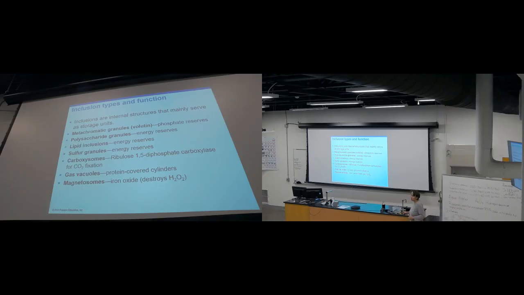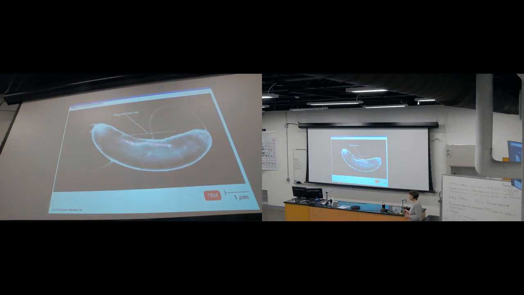You more than likely have seen hydrogen peroxide in bottles. It's a molecule that is helpful to destroy microorganisms, and some microorganisms can defend themselves using these magnetosomes. So here we have a rod bacteria that has two polar flagella, so it's amphitrichous.